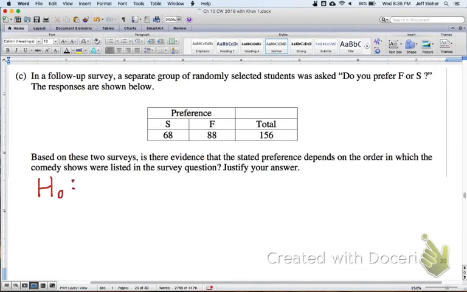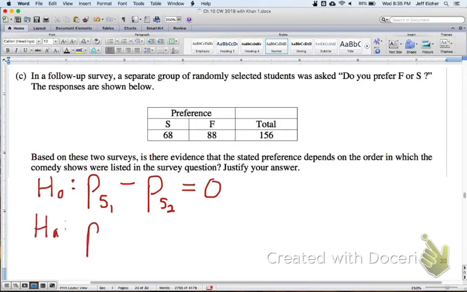The null hypothesis: the proportion who picked S in the first group minus the proportion who pick S in the second group. Those should be the same if the order doesn't matter. The alternative hypothesis is the proportion who picked S in the first group minus the proportion who pick S in the second group, that it's different. Where the first group, they heard the S first, and the second group, they heard the F first.